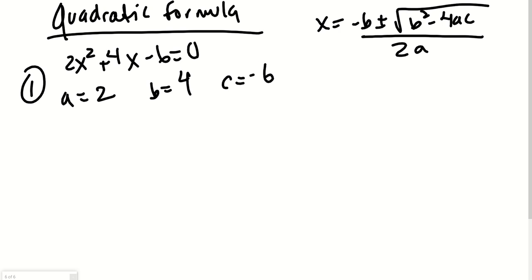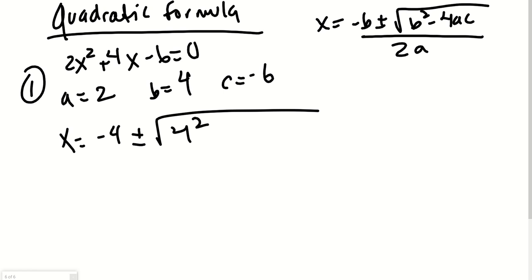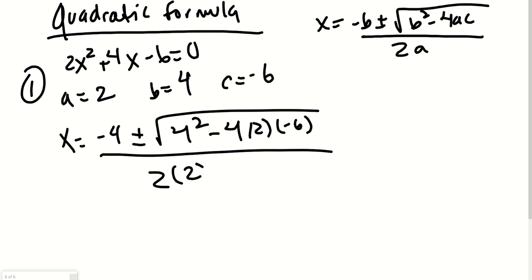So now we're going to plug those in to what our formula says. So x equals negative 4 plus or minus square root of 4 squared minus 4 times a, which is 2, and then times 6, I mean, c is negative 6. Everything is over 2 times 2.